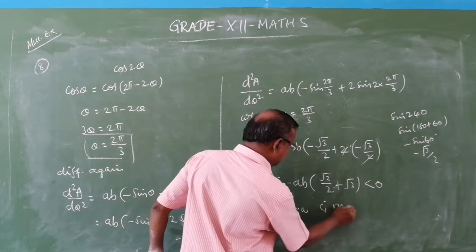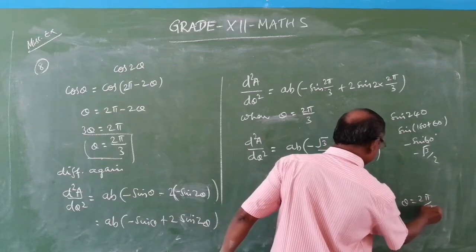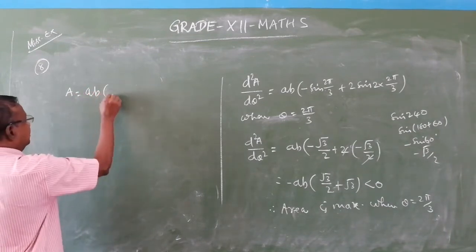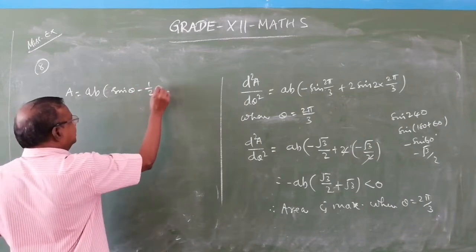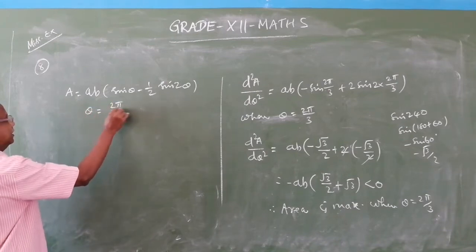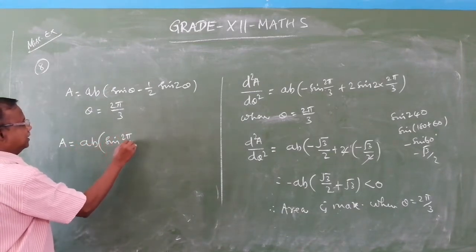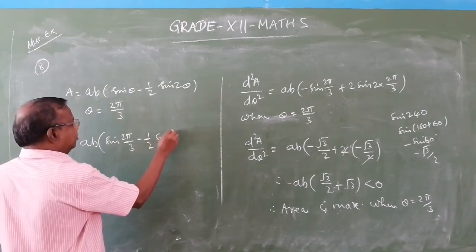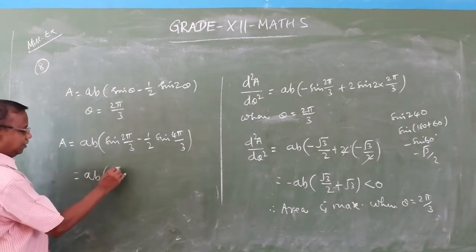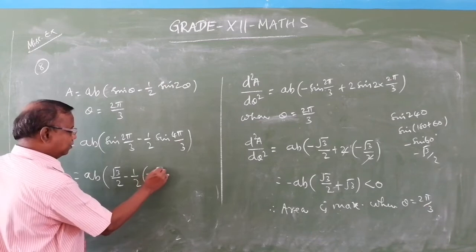is maximum when θ = 2π/3. Area = AB(sin θ − ½ sin 2θ). Now substitute θ = 2π/3. Therefore area = AB(sin 2π/3 − ½ sin 4π/3). Sin 2π/3 is, as I already told you, √3/2, minus half into sin 4π/3, which is minus √3/2.